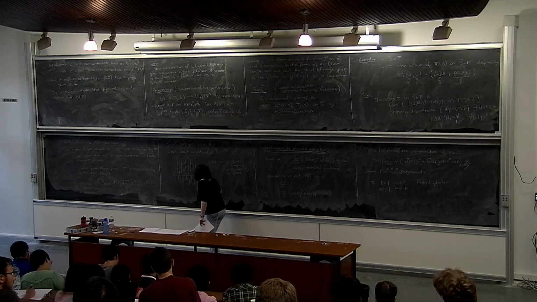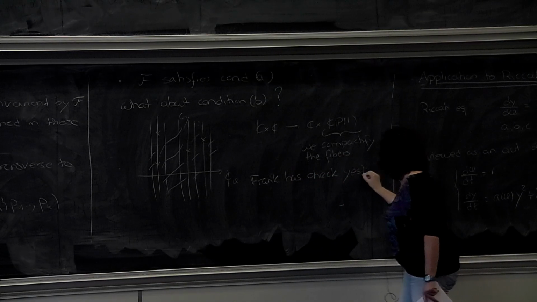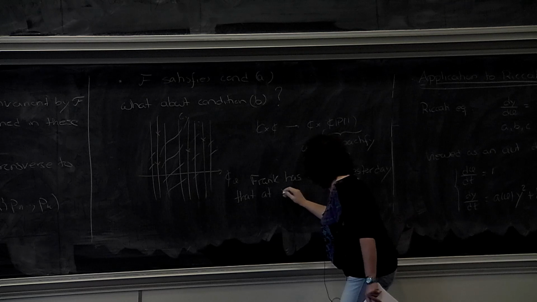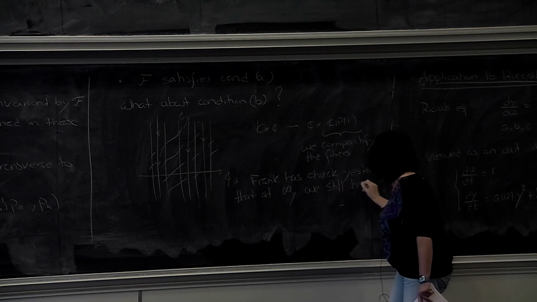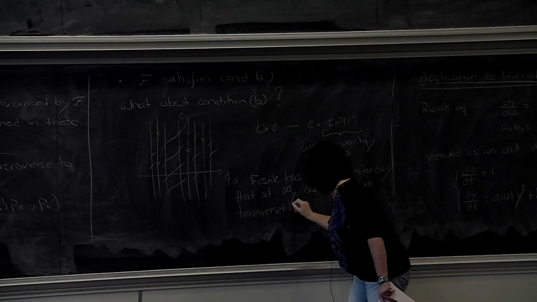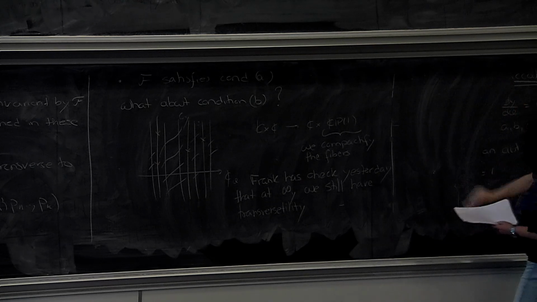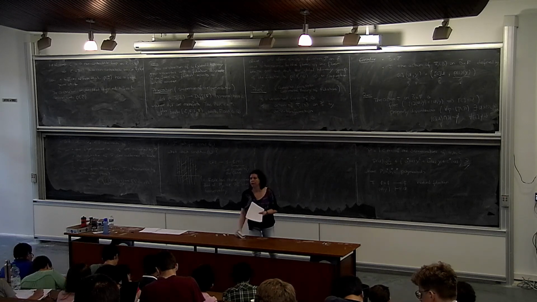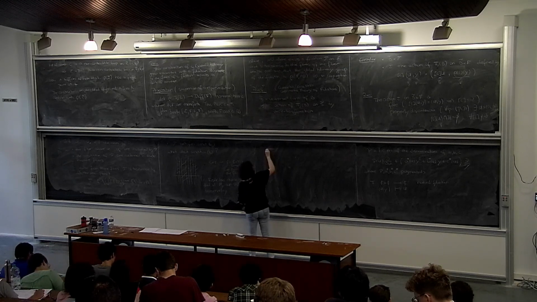Okay, so Frank has checked yesterday that at infinity of the variable y, we still have transversality. Okay, so now the fibers are compact, so Ehresmann ensures that condition B is satisfied. So every path on the base can be lifted above.